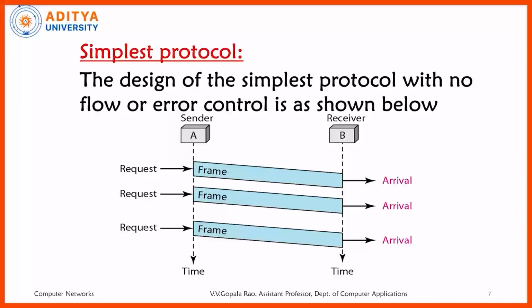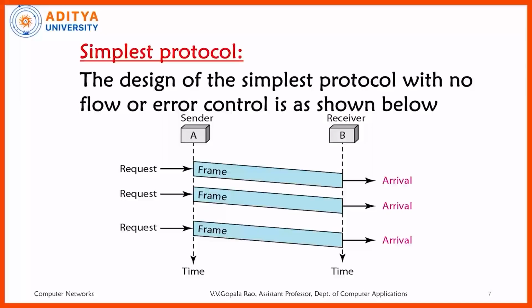There is also a dotted line, which is called the timeline. That means whenever the sender sends a frame, it has to reach the destination within time. Otherwise, the sender will assume that the frame has not reached. We will see how the procedure can be carried out.